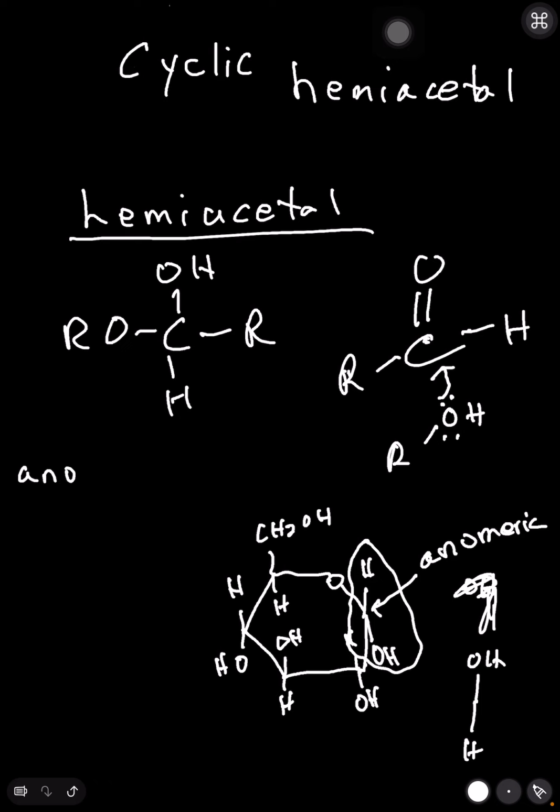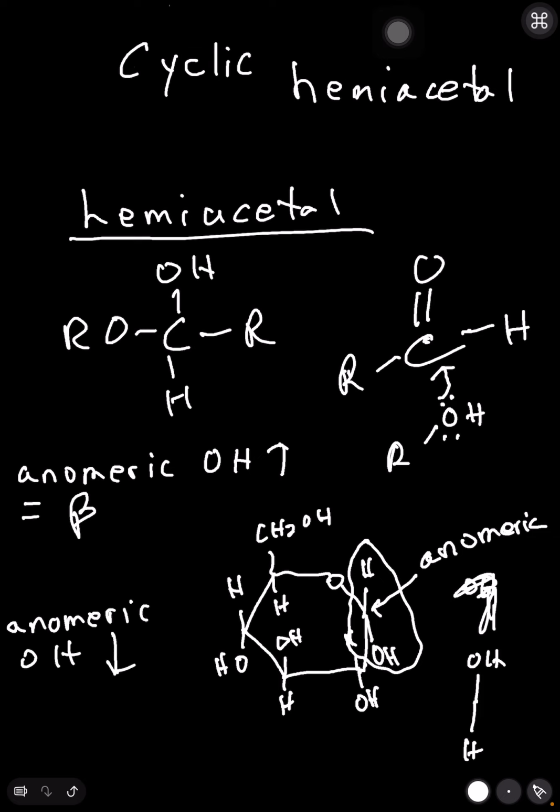If the anomeric OH is pointed up, we refer to that as beta. We would say we have a beta arrangement of groups on the anomeric carbon. If the anomeric OH is down, it would be alpha.